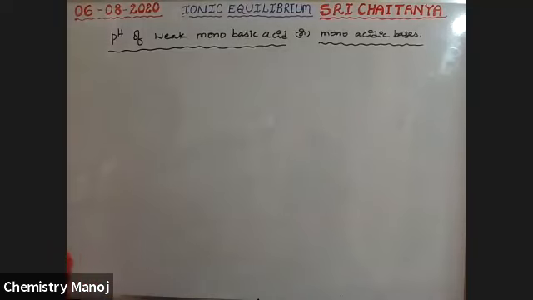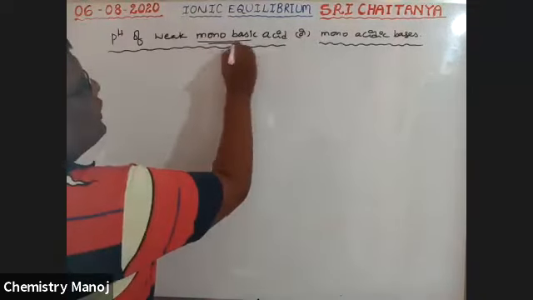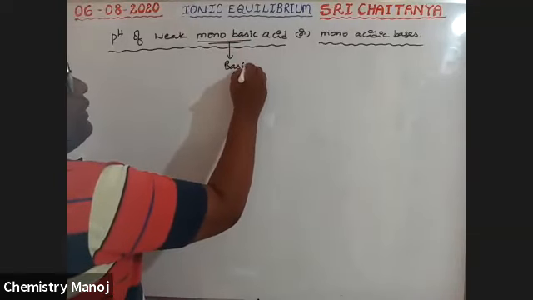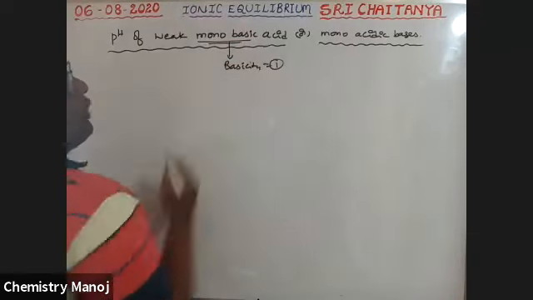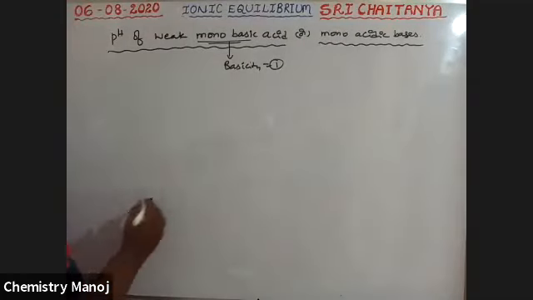It is very, very important, boys. See, boys, what is the meaning of monobasic? Its basicity is equal to 1. So the acid has basicity equal to 1.